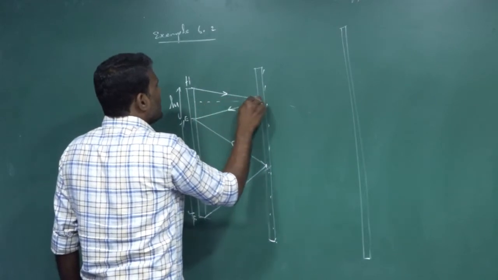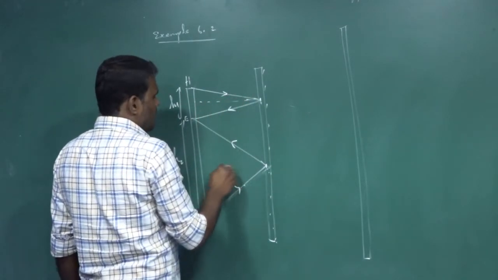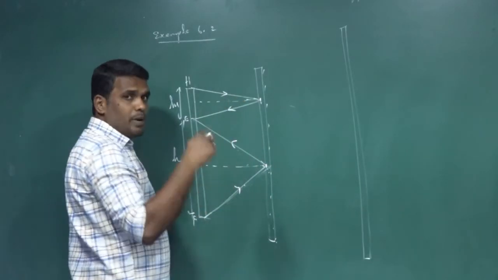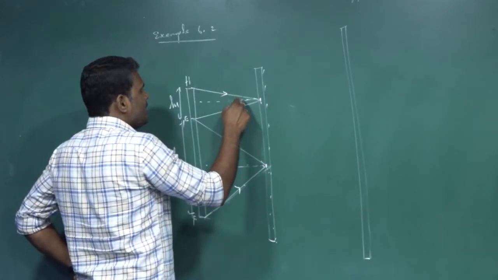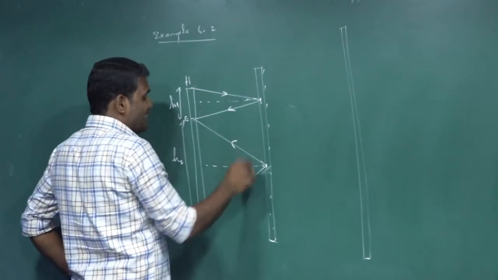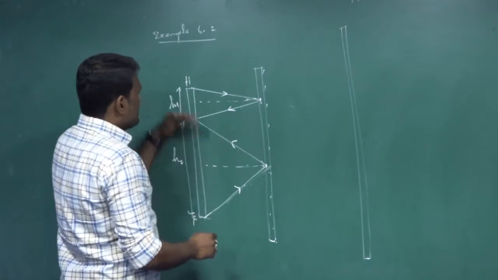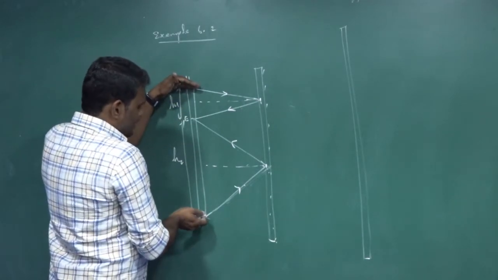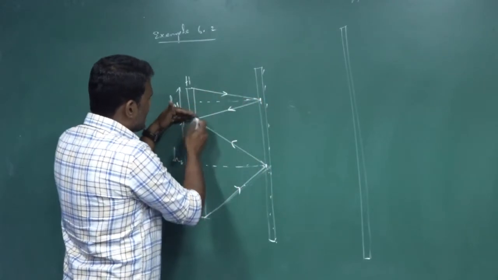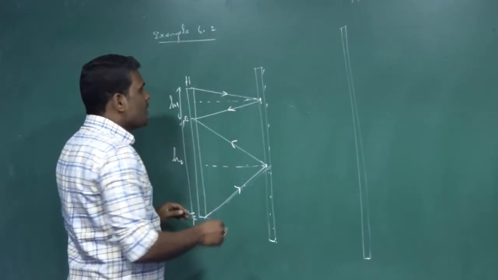If I draw a normal to the point of incidence, it acts as a perpendicular bisector of the angle between the incident and reflected rays at the extreme reflections. You can see here, this is the head, this is the feet, the light radiations are incident at these particular points and they are getting reflected and reaching the eye.